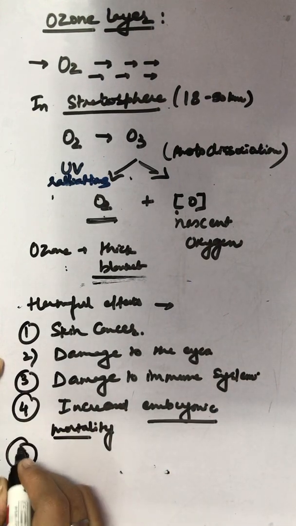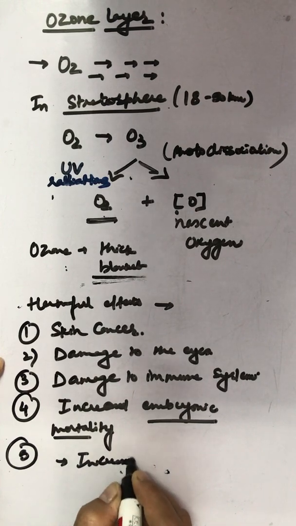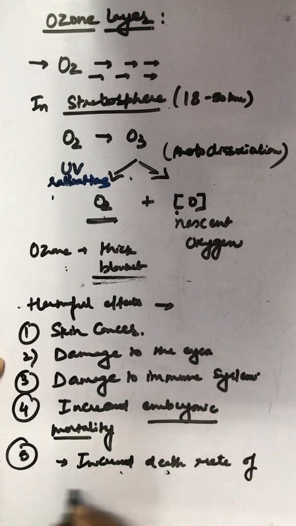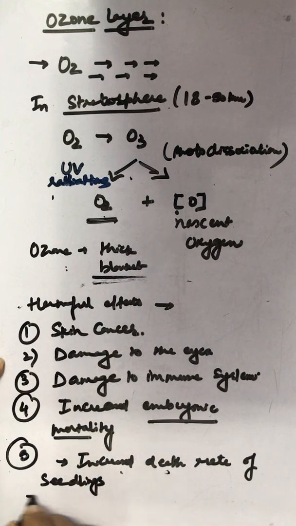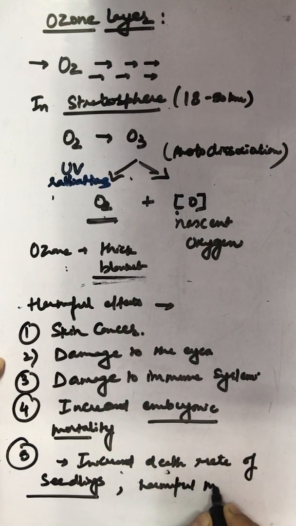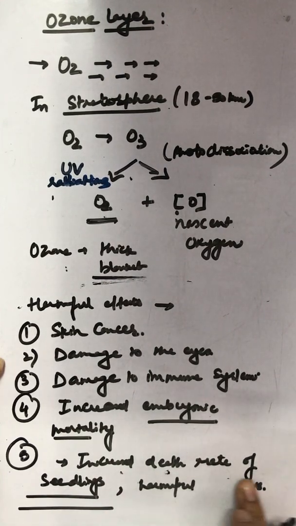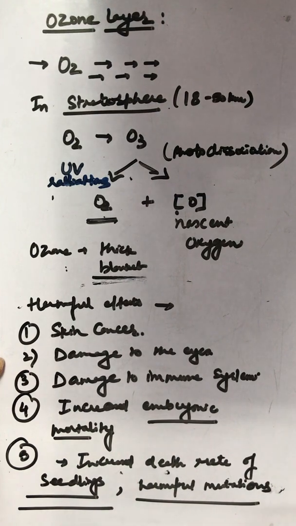Then number 5, in plants there is increased death rate of seedlings and harmful mutations. Therefore, these mutations, meaning variations, will automatically reduce the yield, right?